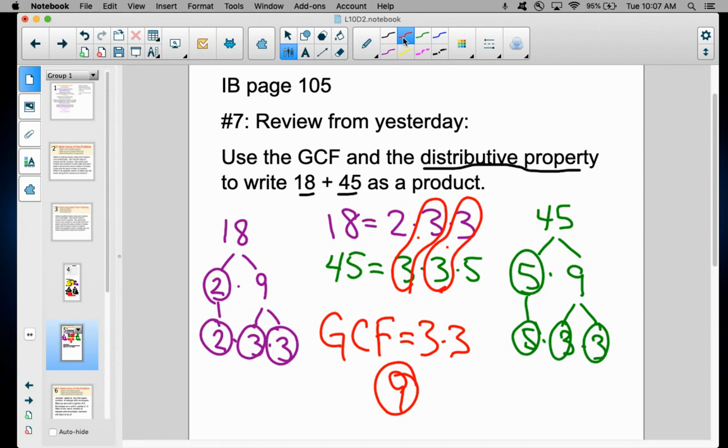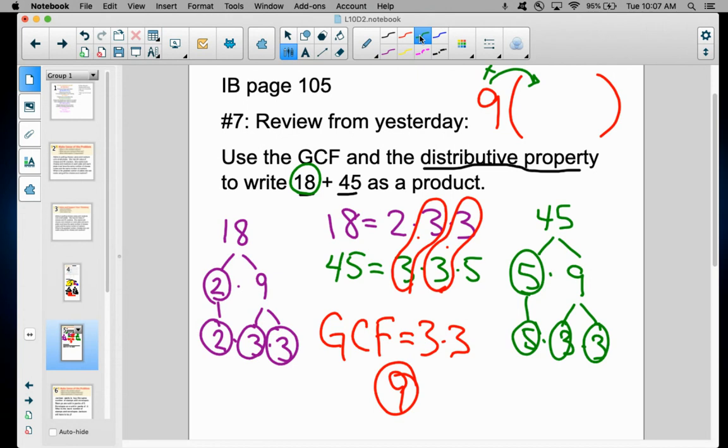Yay! Now, once we find that, that goes on the outside of our parenthesis, and the factor pair goes on the inside. So what I was saying yesterday with the numbers inside, you can use arrows to help you think about it. So 9 times something gives you our first number, 18.